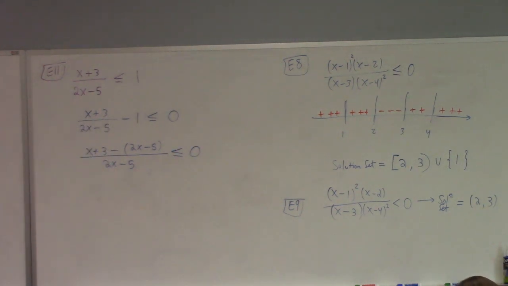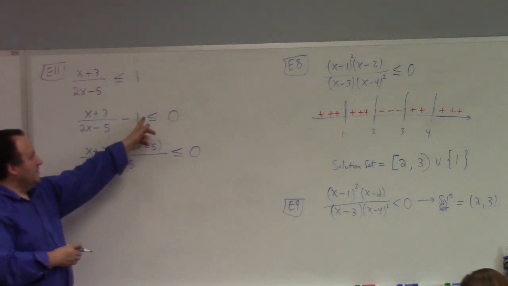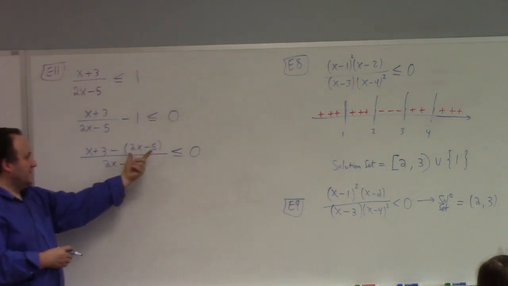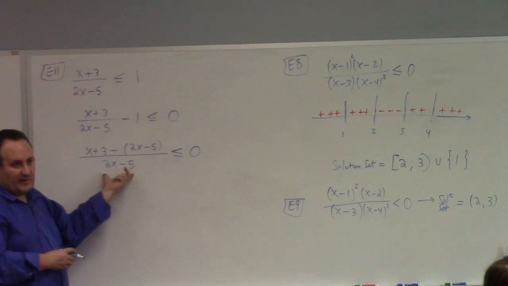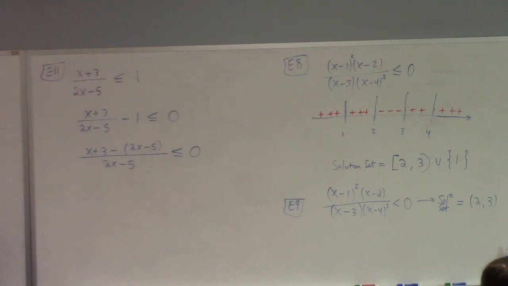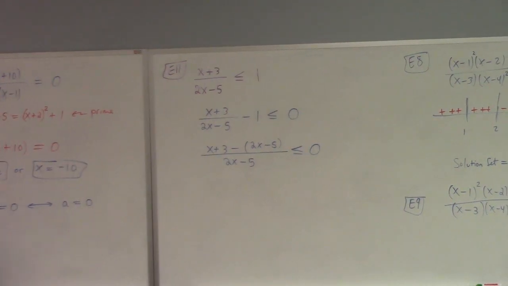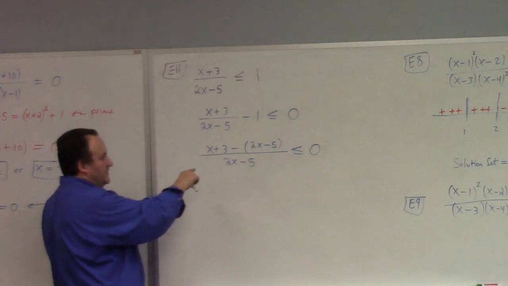Basically, I need to make a 1 into a fraction with 2x minus 5 as its denominator. So personally, I think of it as multiplying minus 1 by 2x minus 5 over 2x minus 5. That's how I think about it. But now what? We simplify, right?